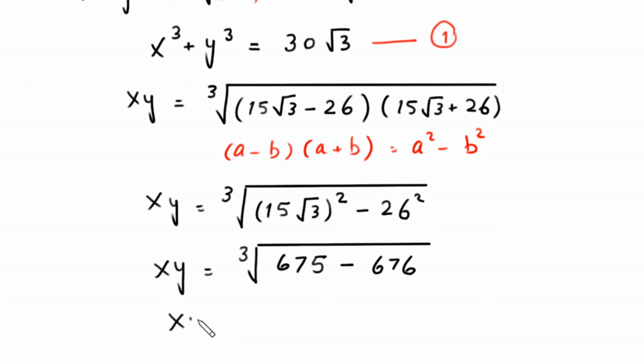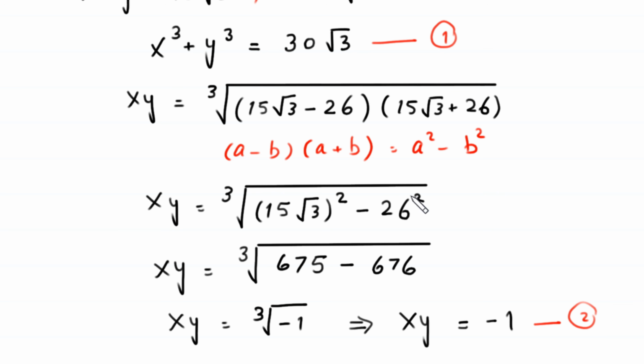Next, x times y equals the cube root of negative 1, and this implies that x times y is equal to negative 1. Let's call this equation number 2, and we recall equation number 1, x cubed plus y cubed equals 30 times root 3.